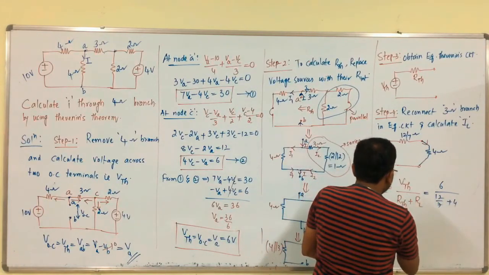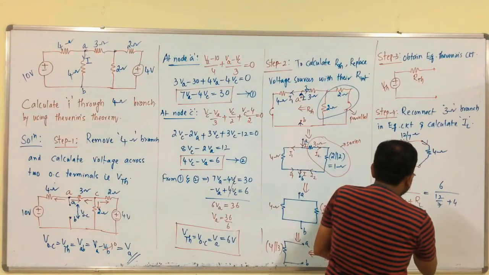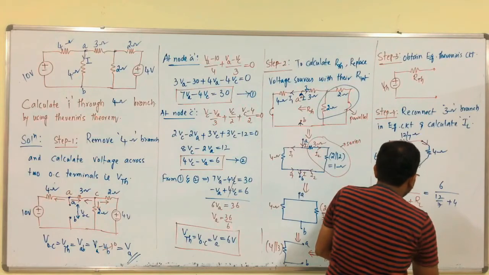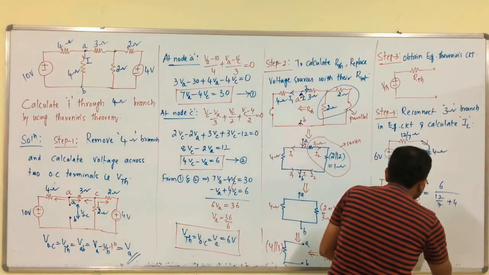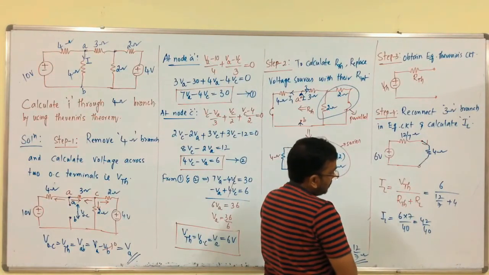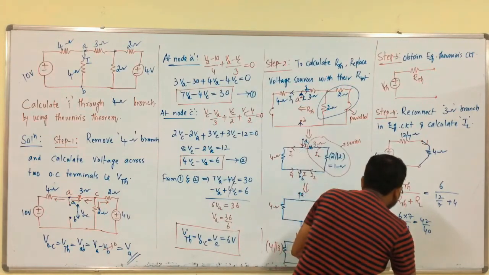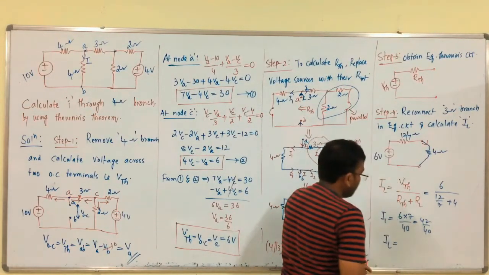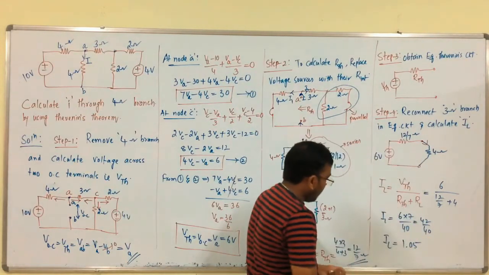So, IL is equal to what? 28 plus 12, 40, that is 6 into 7 by 40. Okay, that is 42 by 40. So, approximately it is 1.05.